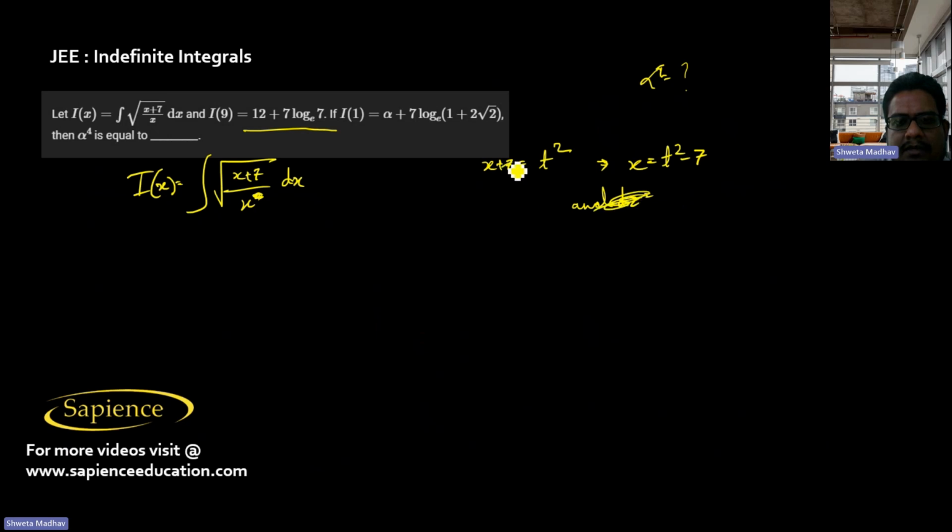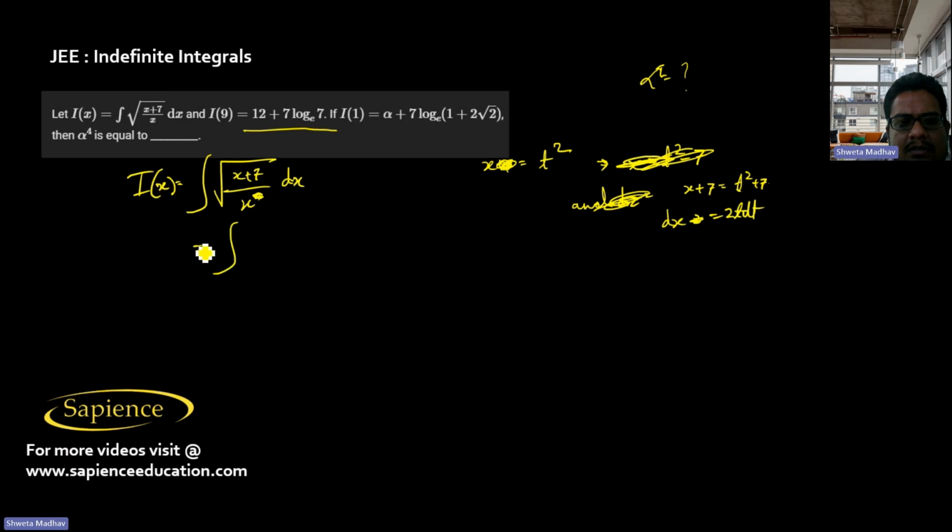Or we can take x equal to t square. Then obviously x plus 7 will be equal to t square plus 7, and dx will be equal to 2t dt. So this we can write.